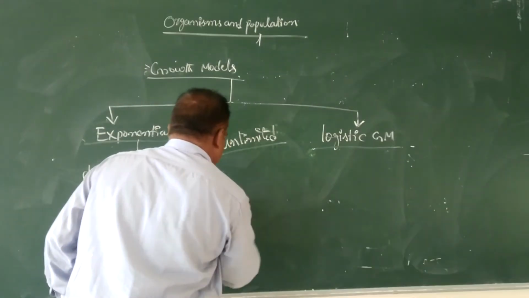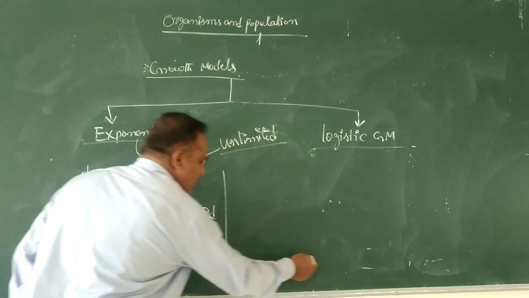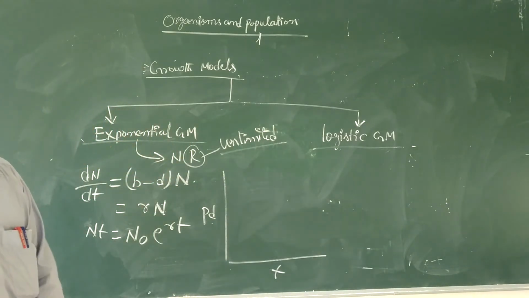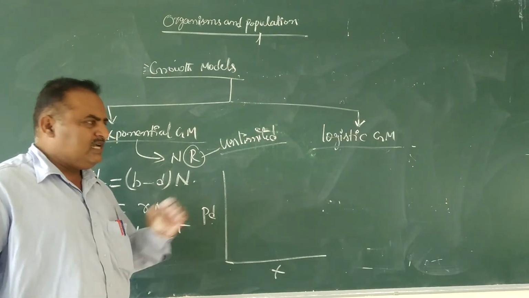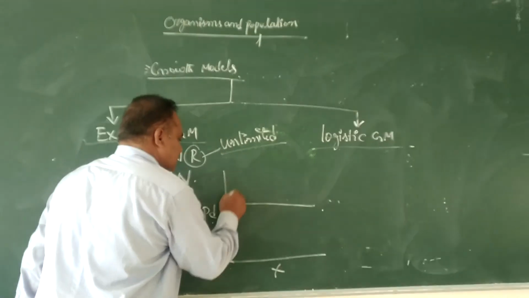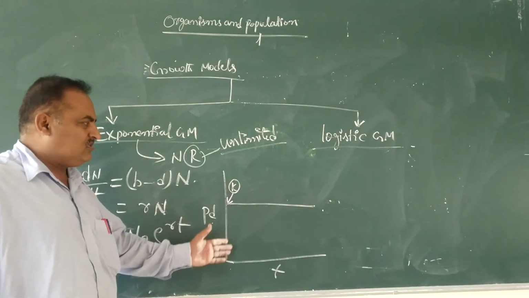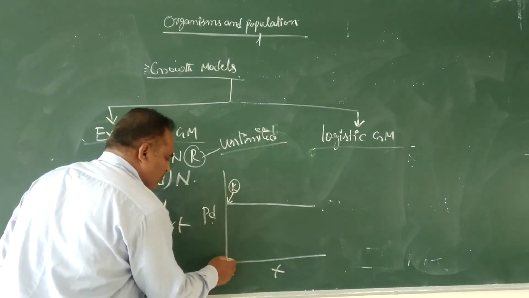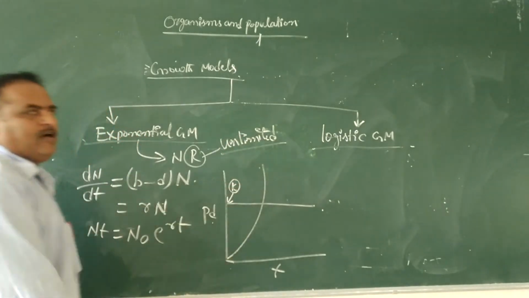Here, in the case of this model, the population density against the time always depends on the intrinsic factor and K, the carrying capacity. If the natural resources are maximum, a J-shaped curve is produced on a graph sheet.